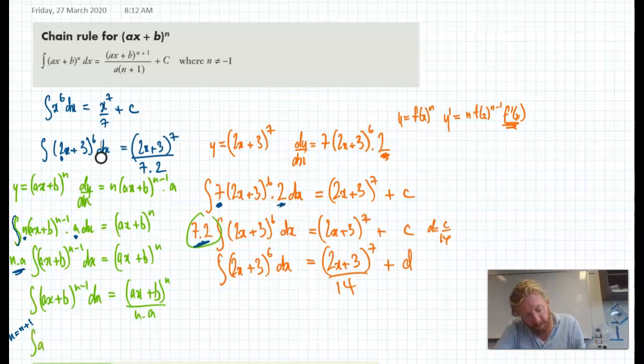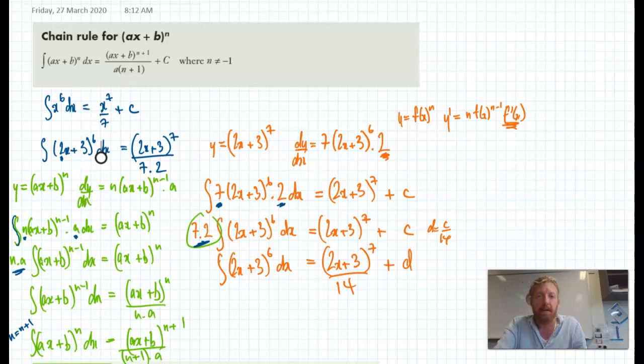Integral of (ax plus b) to the n dx equals (ax plus b) to the n plus 1 on n plus 1 times a. And of course here I've done the critical error.